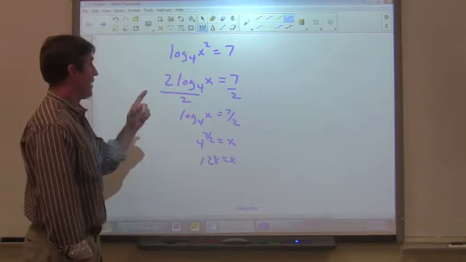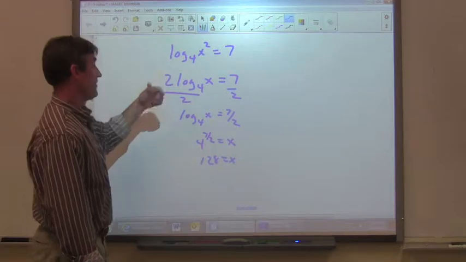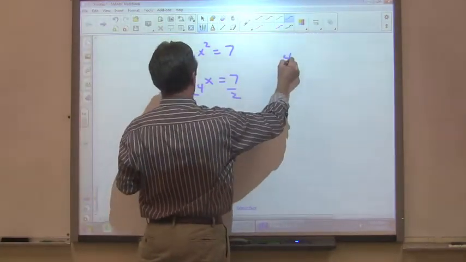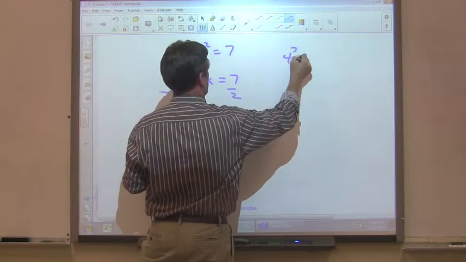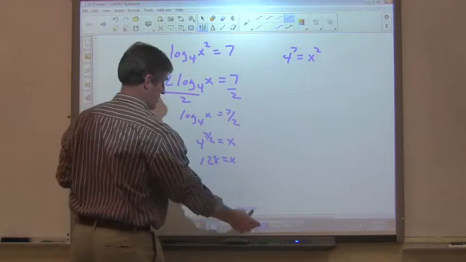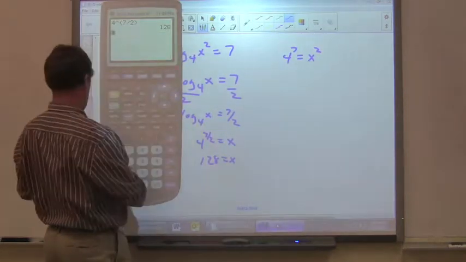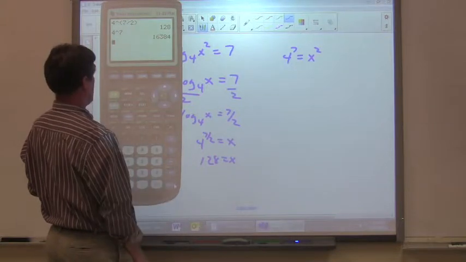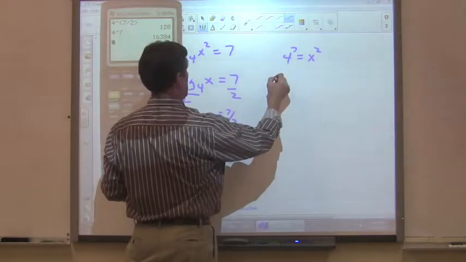Okay? Now, I'd be interested, let's try it the other way and see if it still works. So if I just put it in exponential form here, 4 to the 7th power equals x squared. So 4 to the 7th is 16,384.